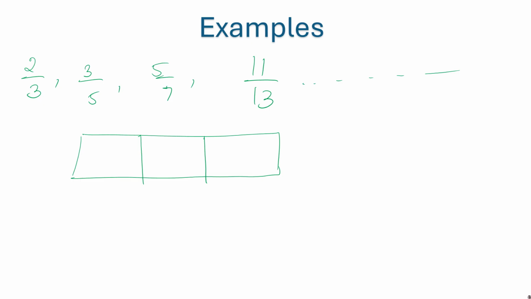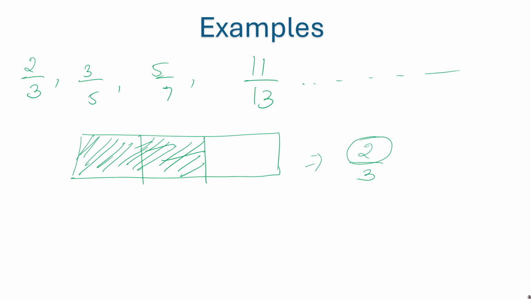And I take two. Let's say I am eating two parts like this. So what will my fraction become? It's 2 by 3. Why? Because I am taking only two parts, but the whole thing has been divided into three equal parts.